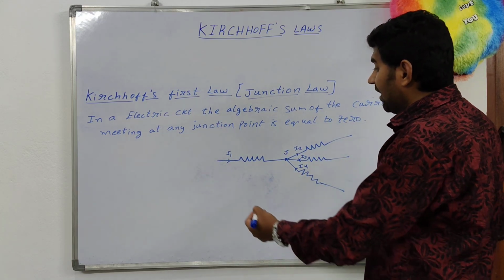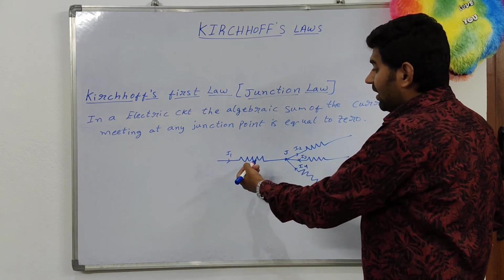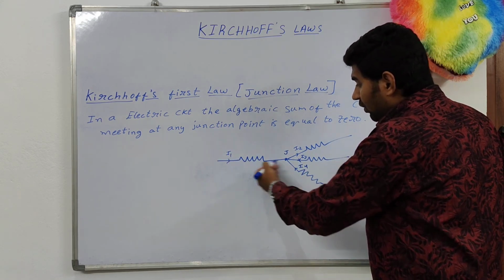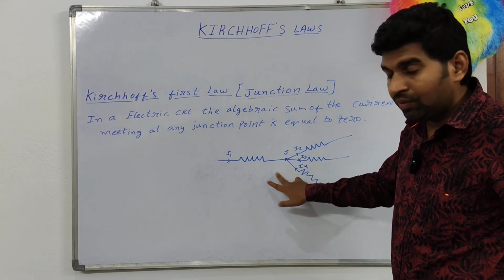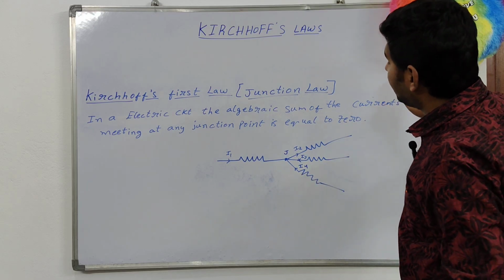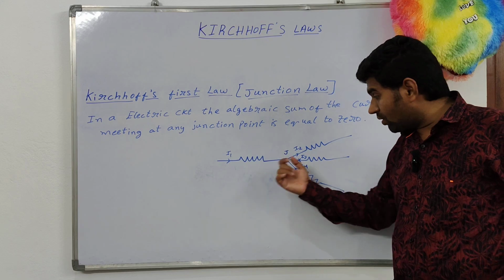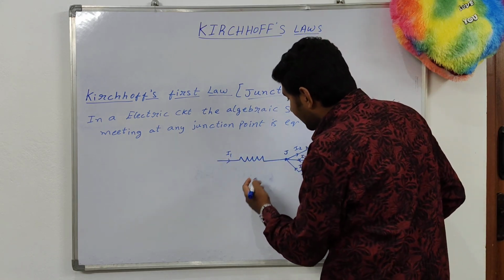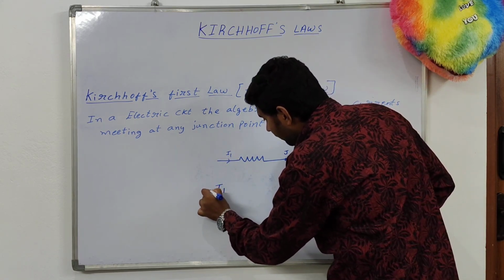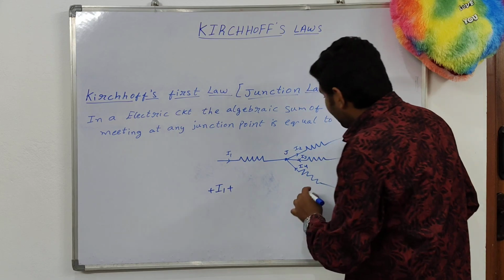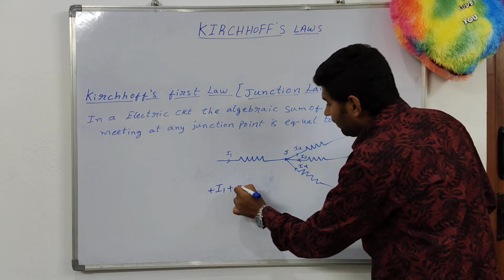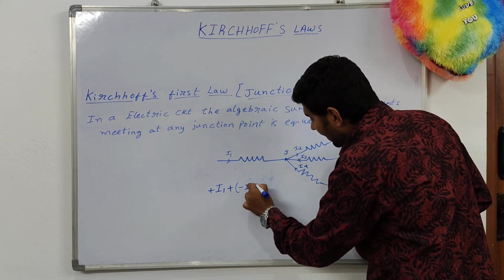If the current is moving towards the junction, I will take it as positive. If the current is moving away from the junction, that is negative. Remember, I1 is moving towards the junction, so it will be positive, plus I1. The current moving away from the junction is negative, minus I2.